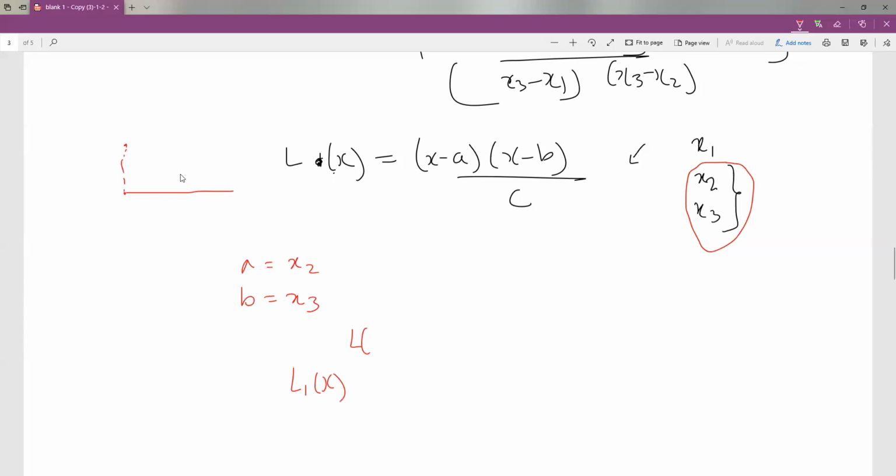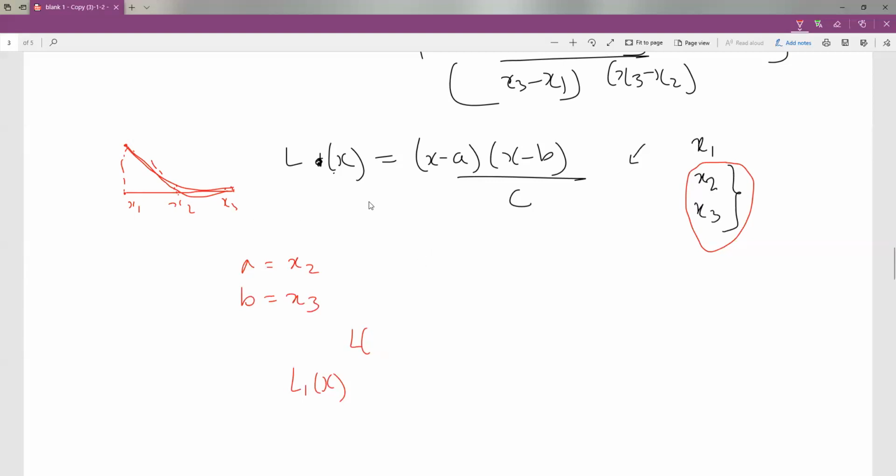Of course, this is going to give you a parabola, but when we evaluate it, it should give me 0 values at the other nodes, x2 and x3.